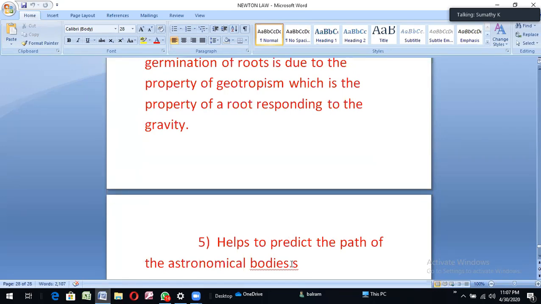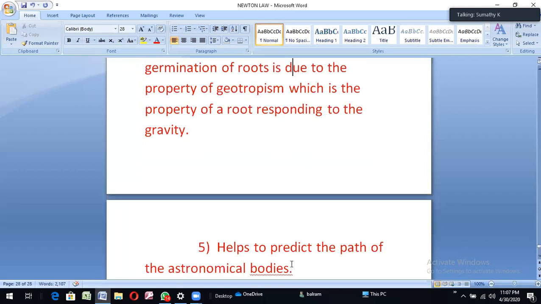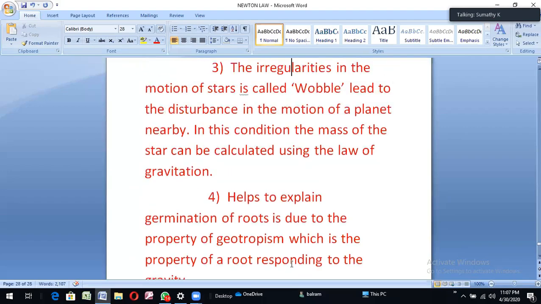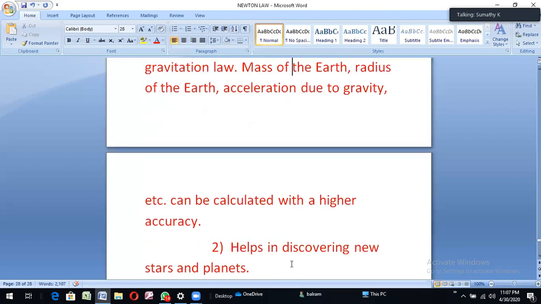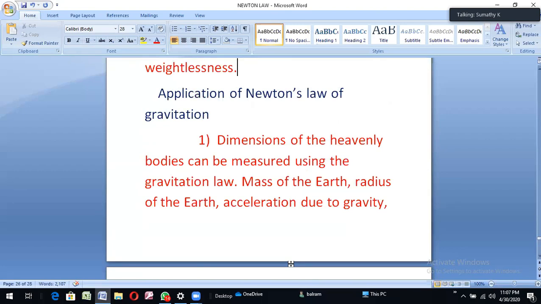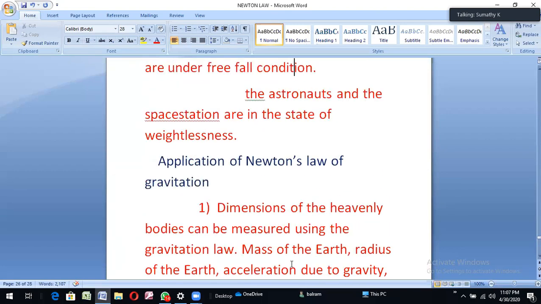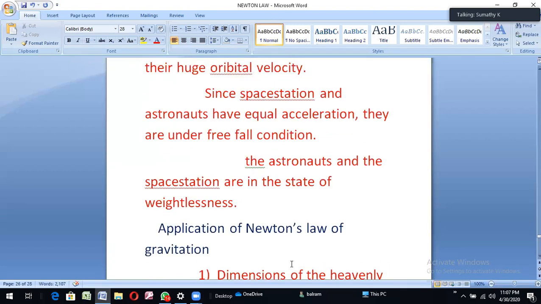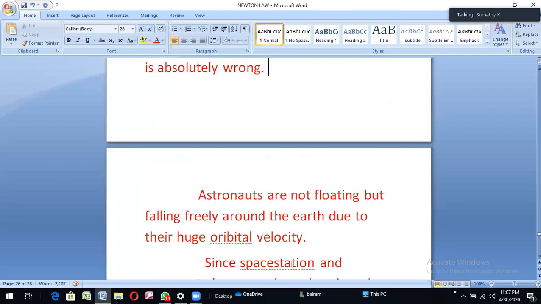Now I want to recall some laws: Newton's third law, second law, first law. Already I gave one long answer question, Newton's laws of motion.